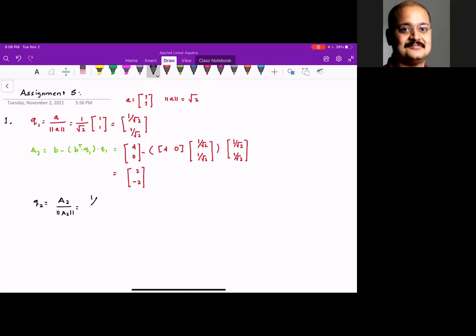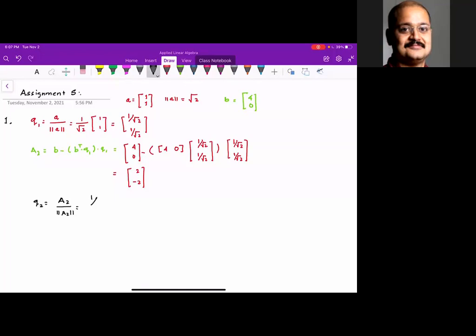It should be B transpose, because we already found the orthogonal vector for A. Now we have to take that and transform B. Okay, I need to write this down. So B is equal to 4, 0. We already have A. Now we have to transform B.